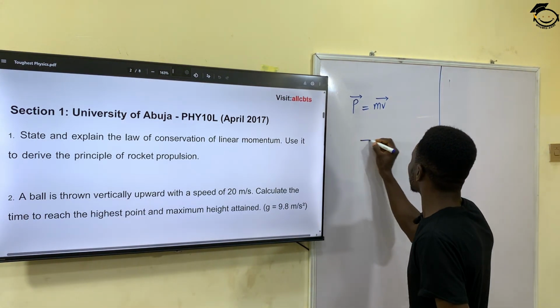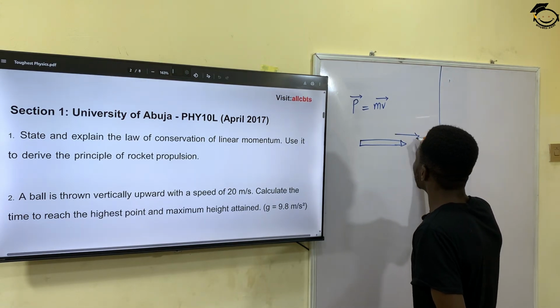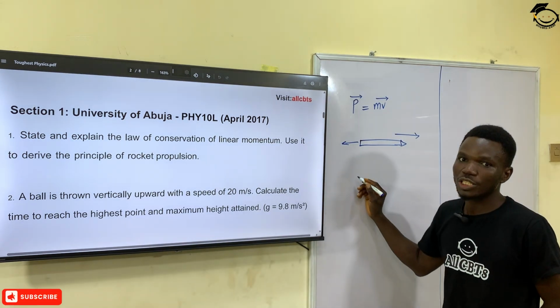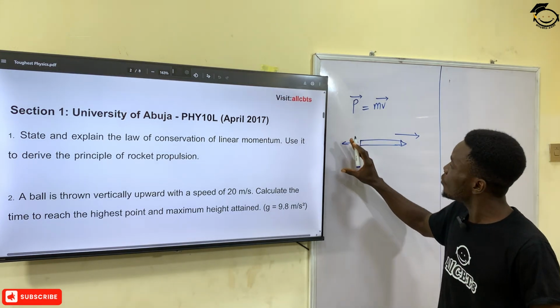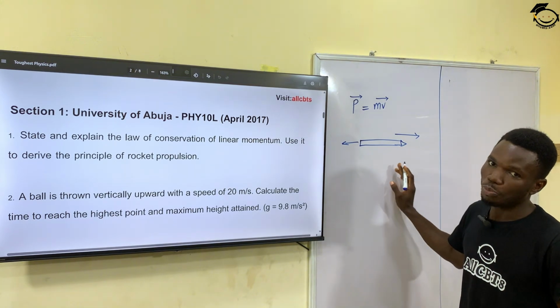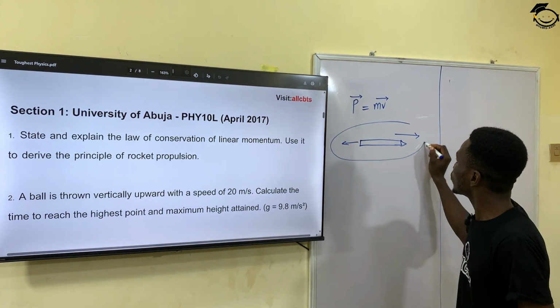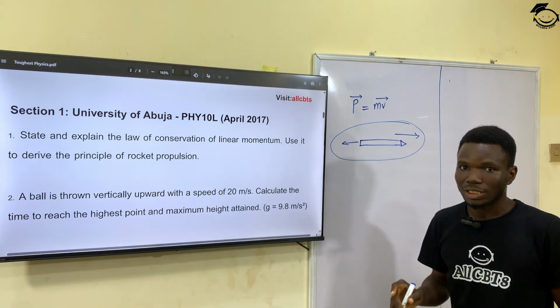So if this is the rocket and it is moving in this direction, the gas that is expelled is moving in the opposite direction. As the gas moves further away from the rocket, it moves with higher velocity in the opposite direction. So this makes the momentum balanced as they are both moving in opposite directions.